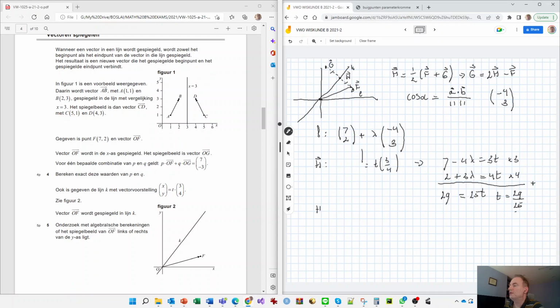So H is then 29 divided by 25 times this vector 3, 4. I don't know why I wrote 3 over 4. 3, 4.